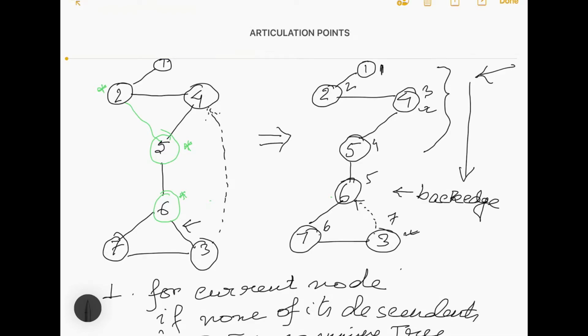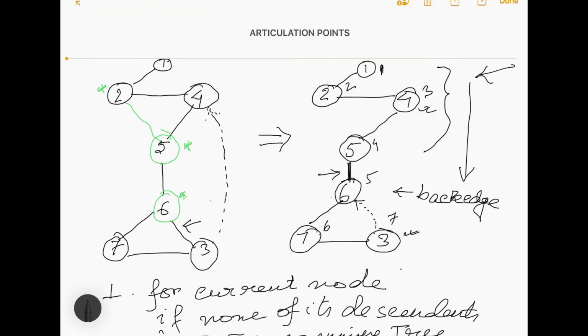Okay, so let's take node 3 for an example. The earliest discovered node reachable from 3 by using one back edge is 6. Now if we are using, say, two back edges, then we can say that the earliest discovered node reachable from 3 is 5, because 6 is connected to 5 and we have a back edge from 6 to 5.